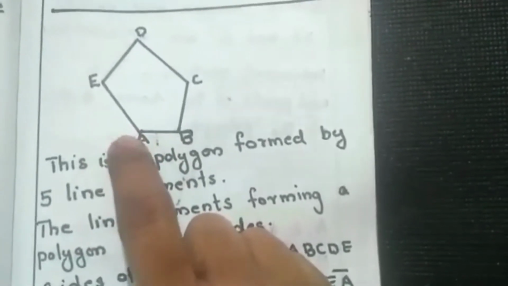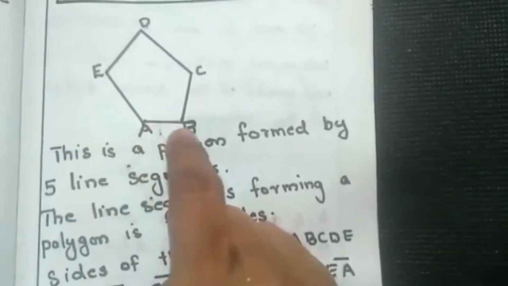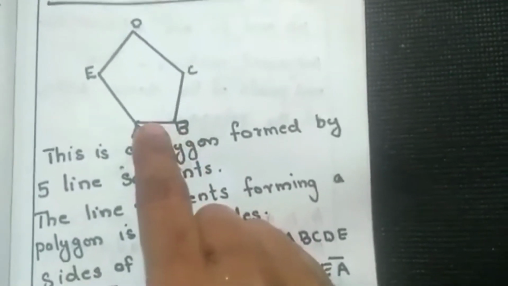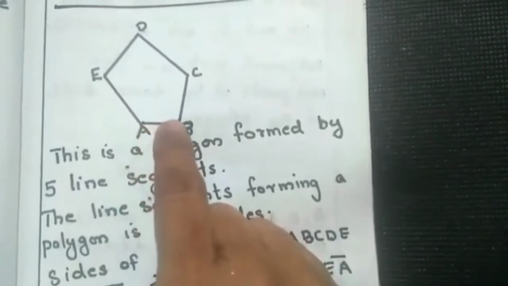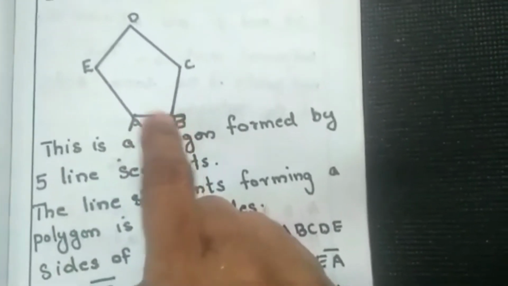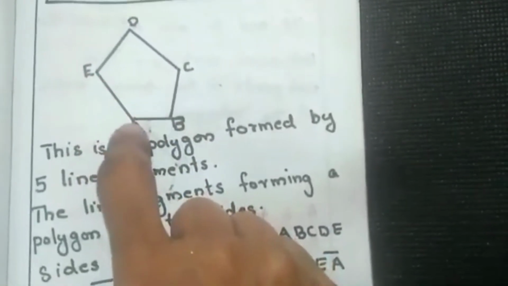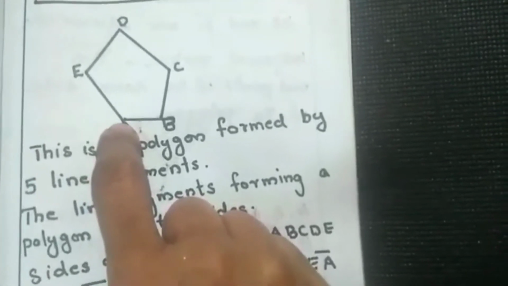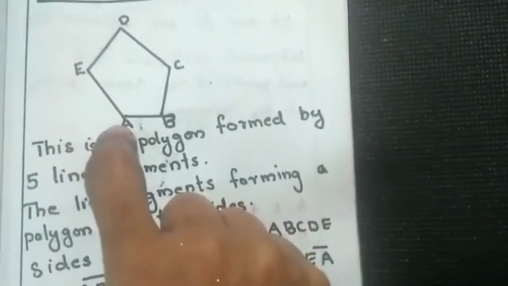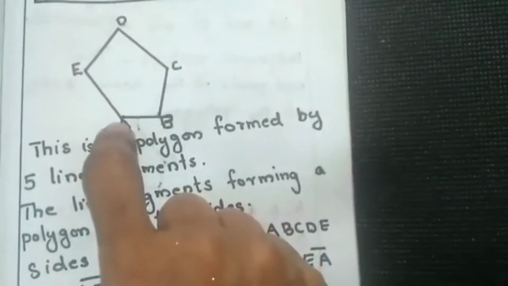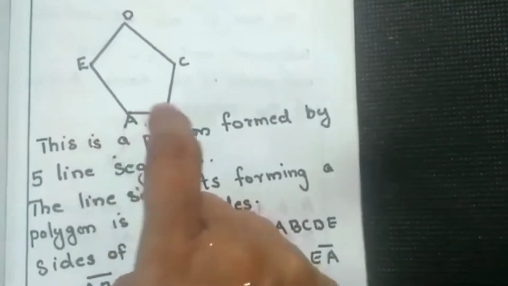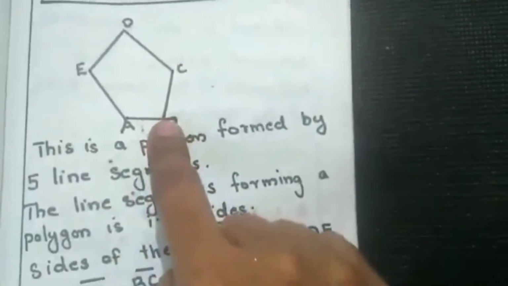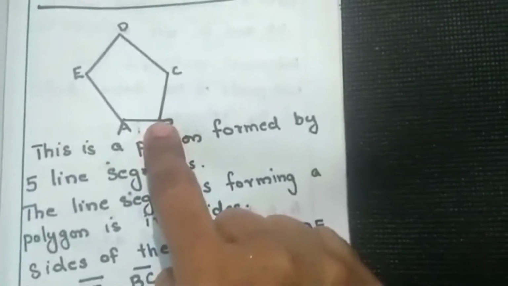Adjacent vertices: A and B are adjacent vertices, that means they are the endpoints of a side. E and A are the endpoints of the side EA, so E and A are adjacent vertices. B and C are adjacent vertices.